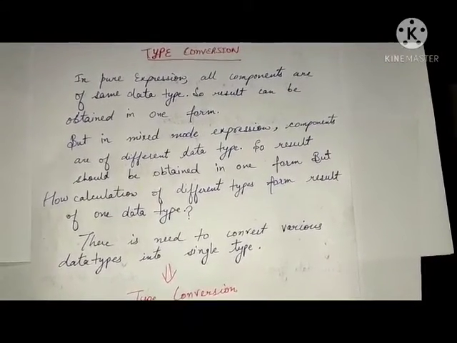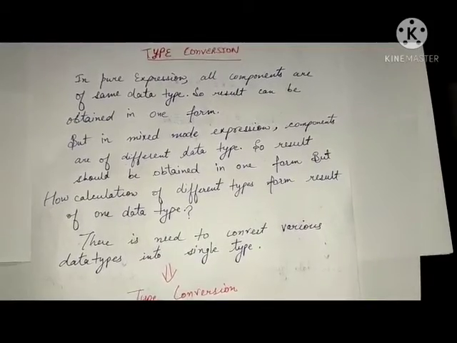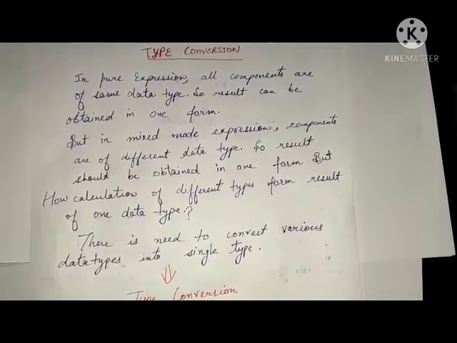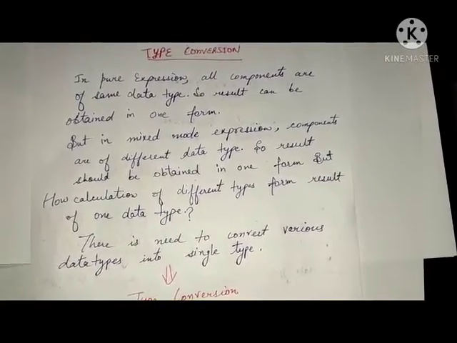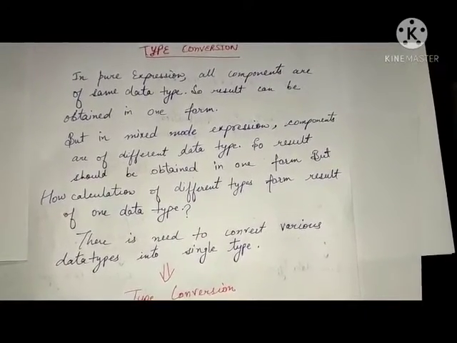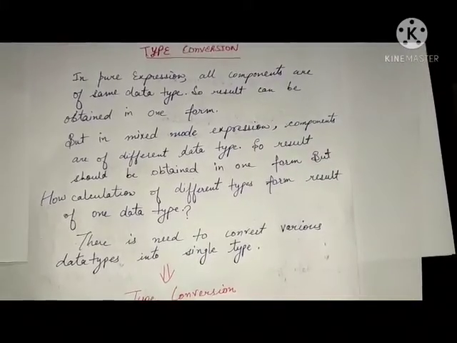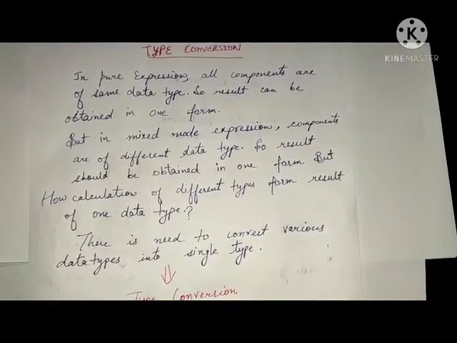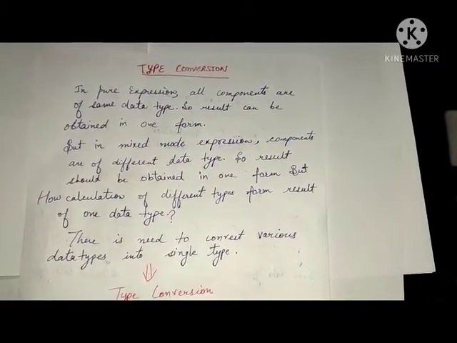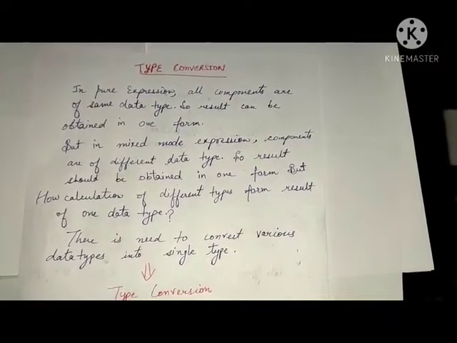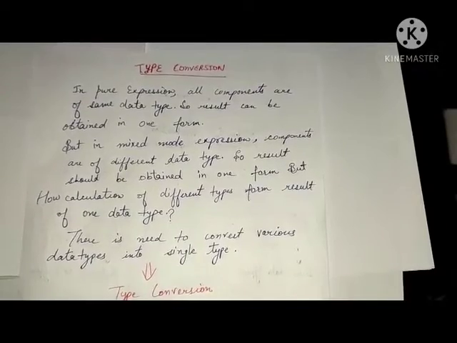So result should be obtained in one form, but how can calculation of different data types form a result of one data type? So there is a need to convert various data types into a single type in case of mixed mode expression. And this conversion, from various data types into a single type, is called type conversion.